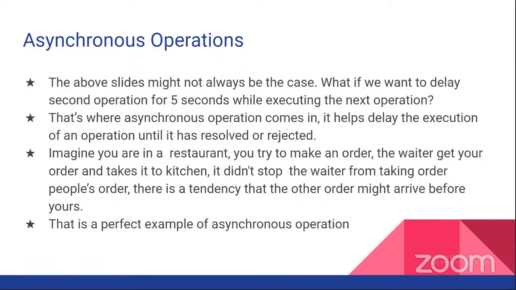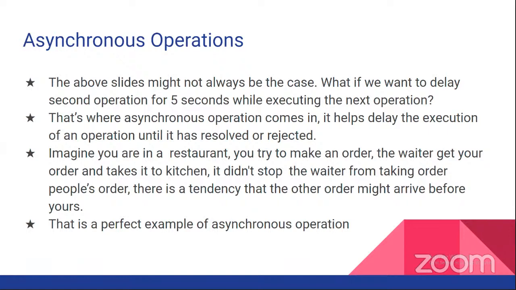But that does not stop the waiter from taking another person's order. For example, let's say we have 5 people in the restaurant. The waiter will take my order to the kitchen, take another person's to the kitchen, until he has taken all the orders.